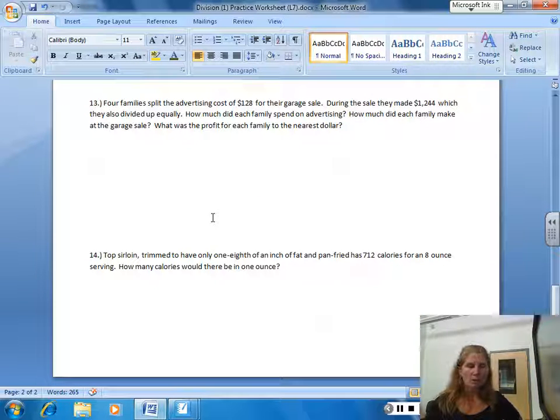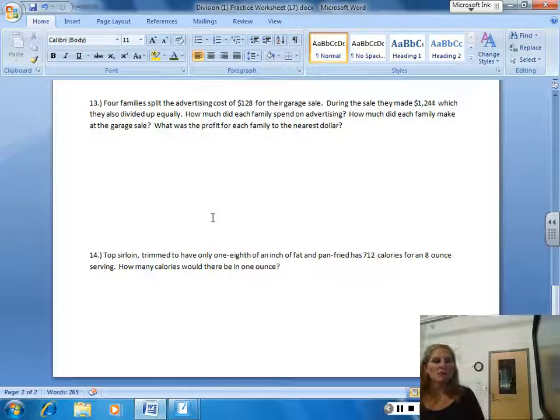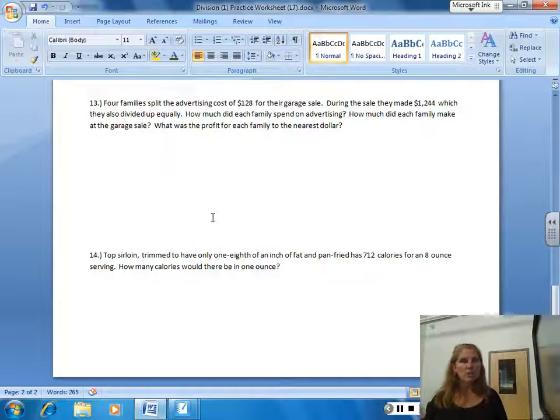Okay, top sirloin, trimmed to have only 1/8 of an inch of fat and pan-fried, has 712 calories for an 8-ounce serving. How many calories would there be in 1 ounce? So if you want to figure out, well, for 8 ounces we have 712, how much would there be for 1? There's really not a good division clue in here. And the thing about keywords is sometimes they're in there and they're obvious, like the last one, we split up, we divided up.